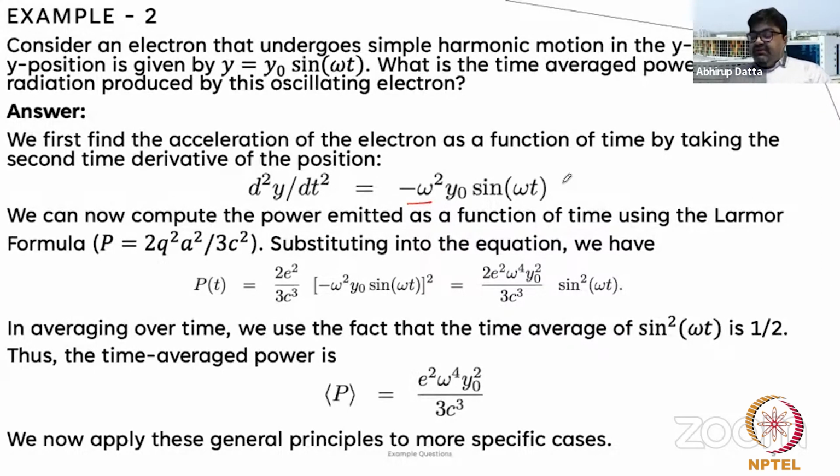So you have the Larmor formula, where P is given by 2 times q squared, which is the charge, times a squared over 3c cubed. If I substitute the equation, we get P of t is equal to 2 e squared over 3c cubed times minus omega squared y naught sine omega t, whole squared.